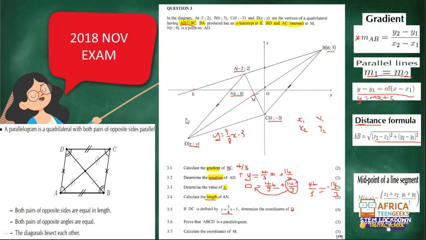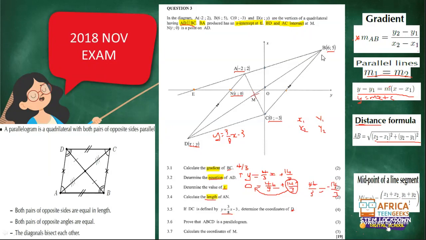Okay, for example, remember there's more than one way of solving this problem. Okay, someone would find, remember you're given the equation of DC. So someone would say, okay, I would find the equation of BC. And if you look at the point C, that's where DC and BC intersect.